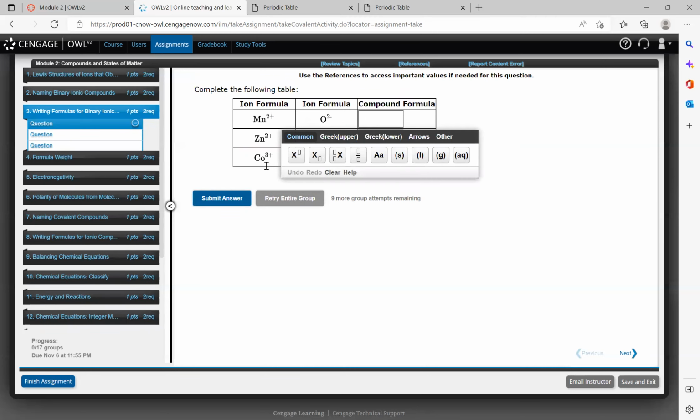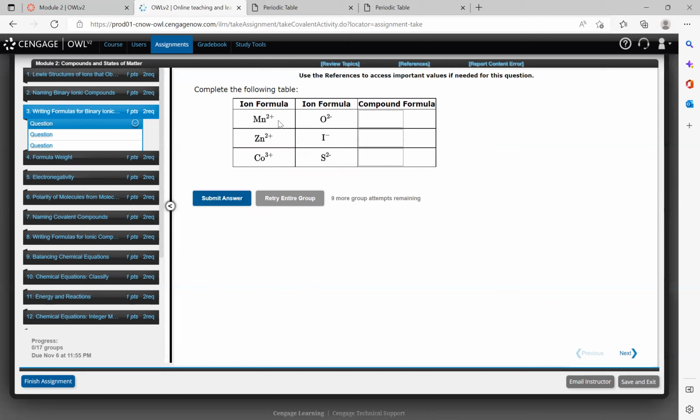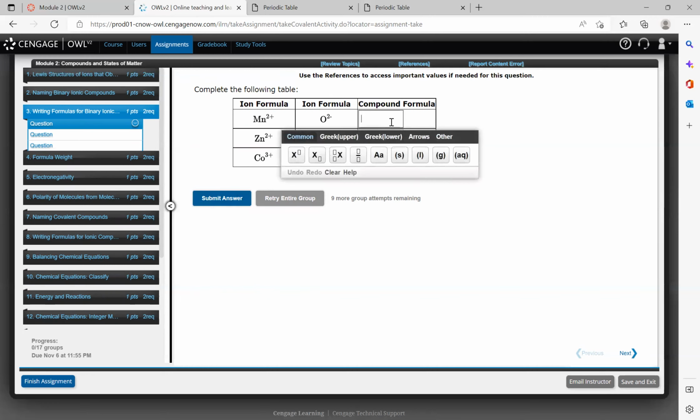Now, when it comes to writing these formulas, I'm going to skip around just a little bit. For this one, we're going to try to complete the table. They show you the metal and the nonmetal, and we need to put them together. If we have manganese and oxygen, this becomes manganese oxide.